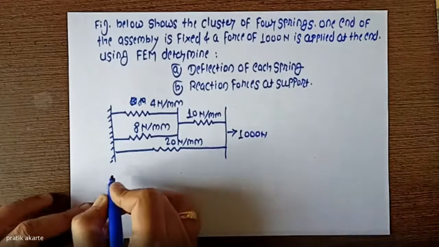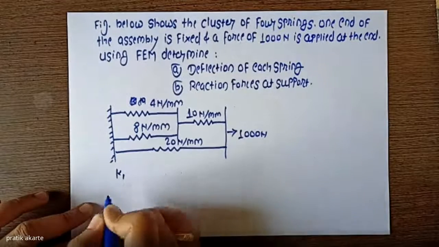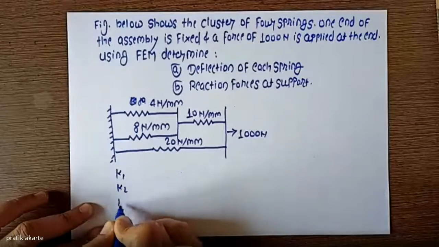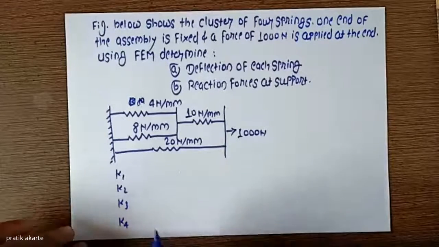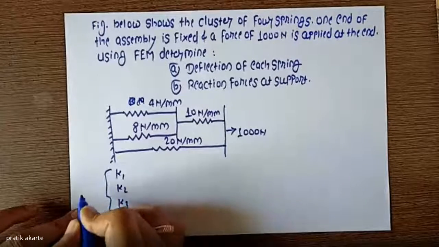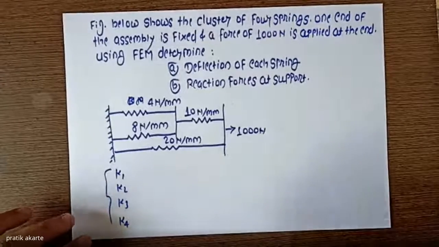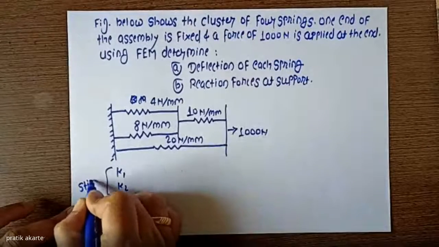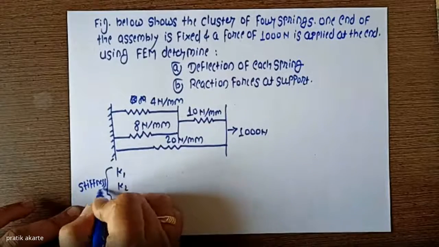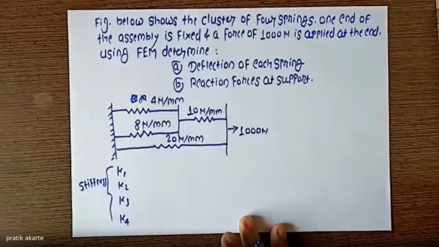So what have we been given? We have been given K1, K2, K3 and K4. So we will be considering these as the stiffnesses of the given springs.